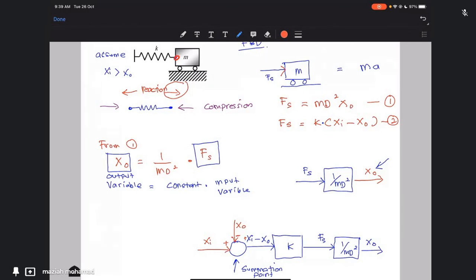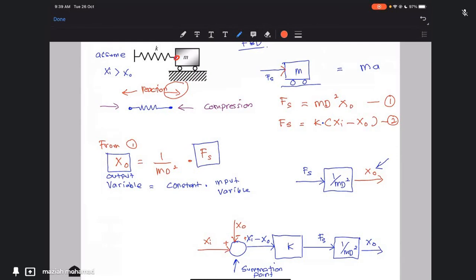Now we're going to solve for x naught. We just leave xi there because xi is the input to the system, so there should be nothing else there, we just leave the input arrow as it is. But x naught is not the input to the system, so we need to solve that.